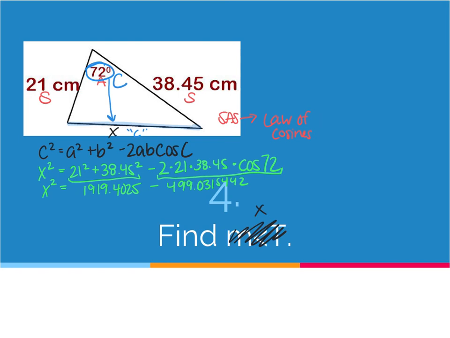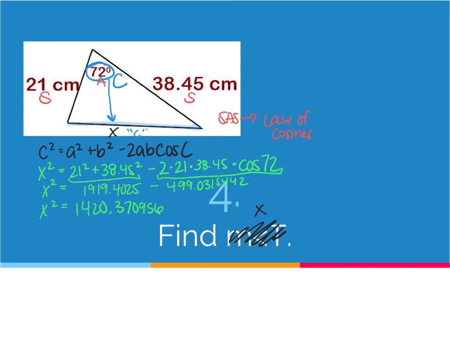I'm going to type in 1,919.4025 minus my previous answer, or 499.0315442. And I get x squared to equal 1,420.370956.